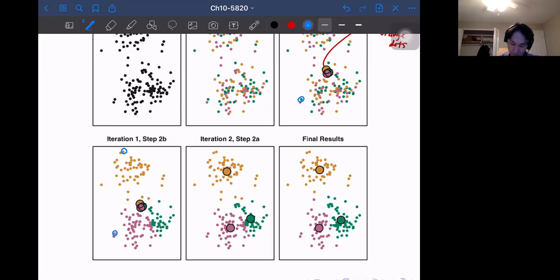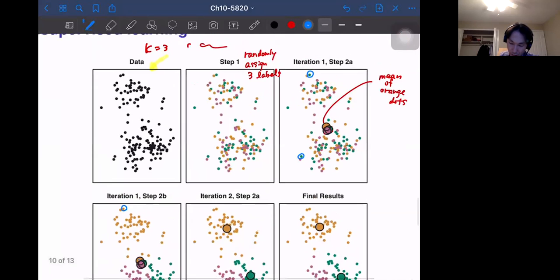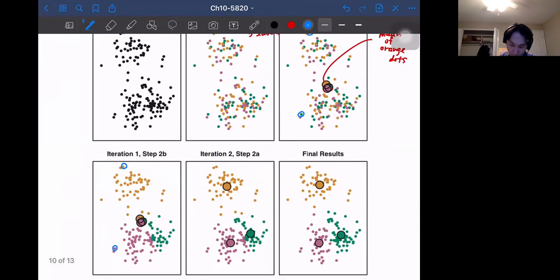It's almost done. Then we again calculate the center of the orange points. We relabeled many observations, so the center of the orange observations moves much to the upper left side, around here, and the purple here and the green. And we repeat this again and again.